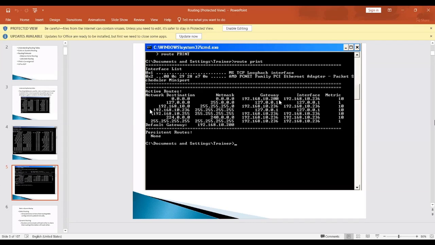All these things are in interfaces, and sometimes it shows the metrics. That means to go to the destination, how many hops you have to pass, where hops means how many routers you have to pass.